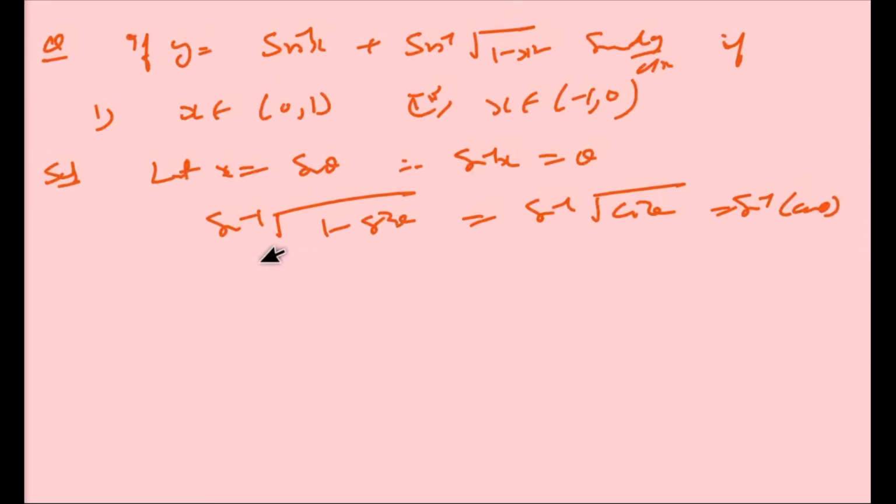So in the first condition, x belongs to 0 to 1, since we are using x equal to sine theta, we can say 0 less than sine theta less than 1. Therefore 0 less than theta less than pi by 2.